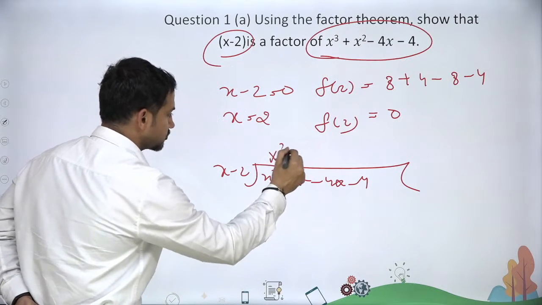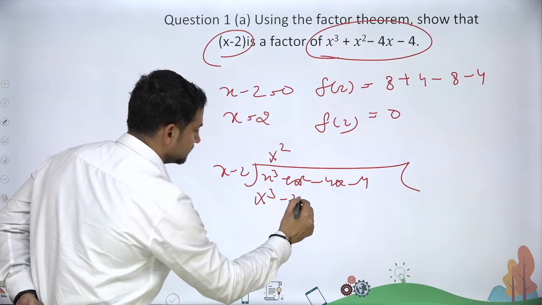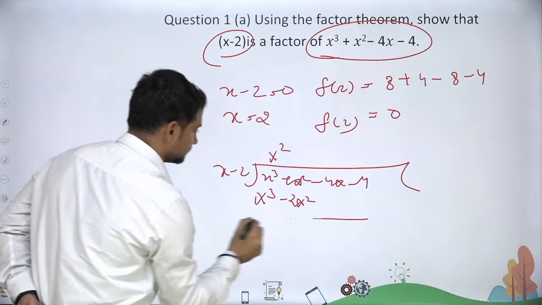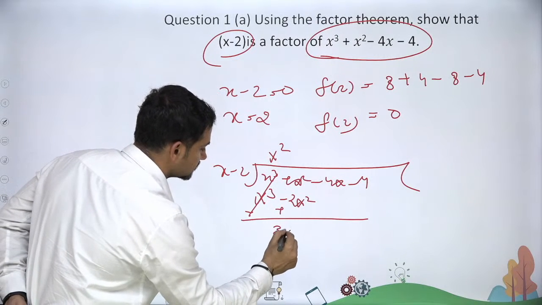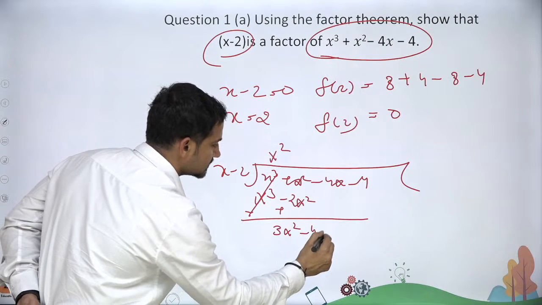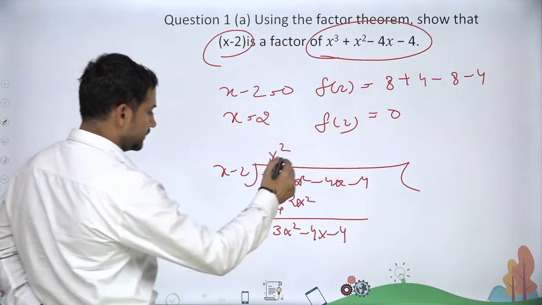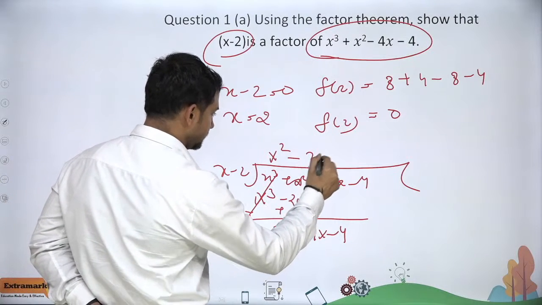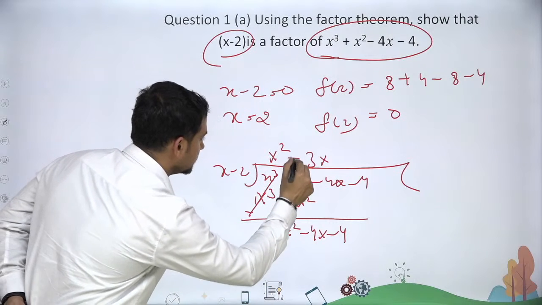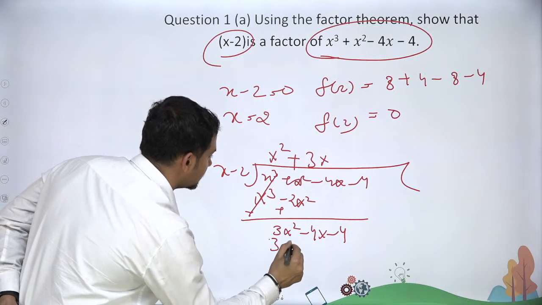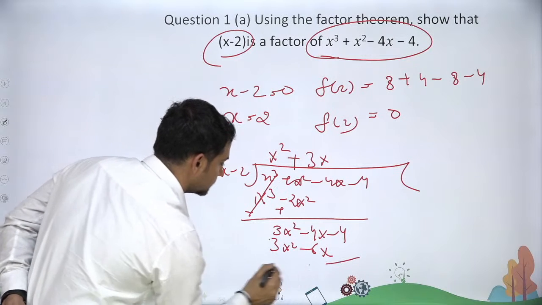First of all, x square, then x cube minus 2x square. This is minus, this is plus, then 3x square, and minus 4x, minus 4. Then again, minus 3x, then minus 3x square, this is plus 3x square, then 3 into 2 is 6, minus 6x.